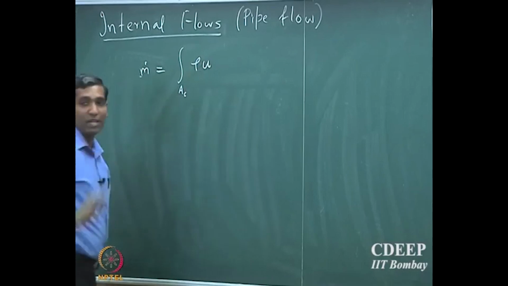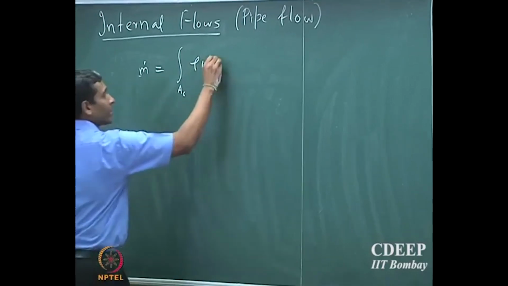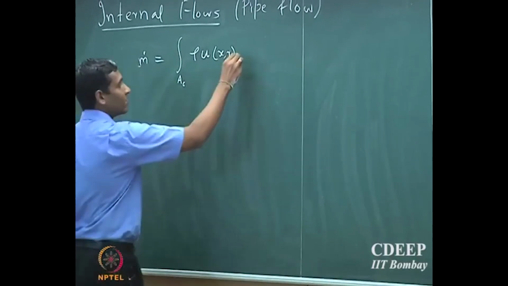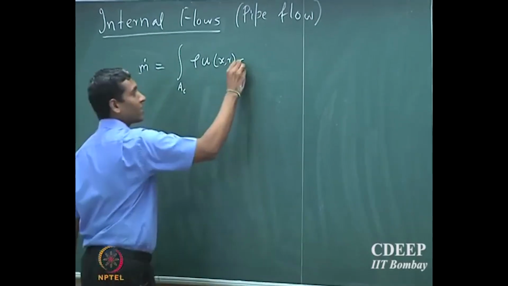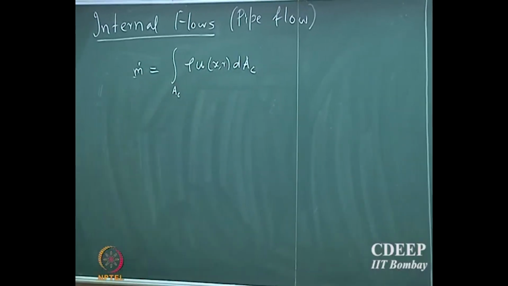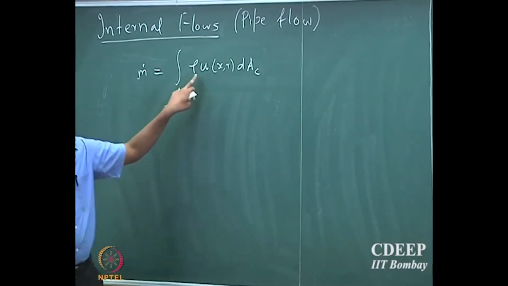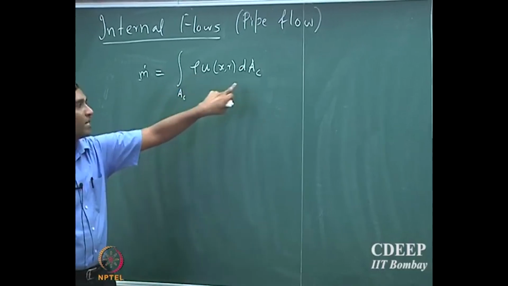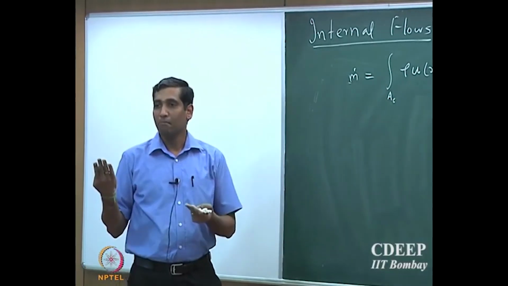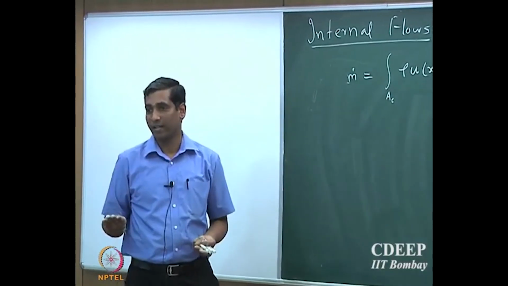That's the differential cross sectional area. Integrated over the whole cross section, this tells you the mass flow rate at any location in x.